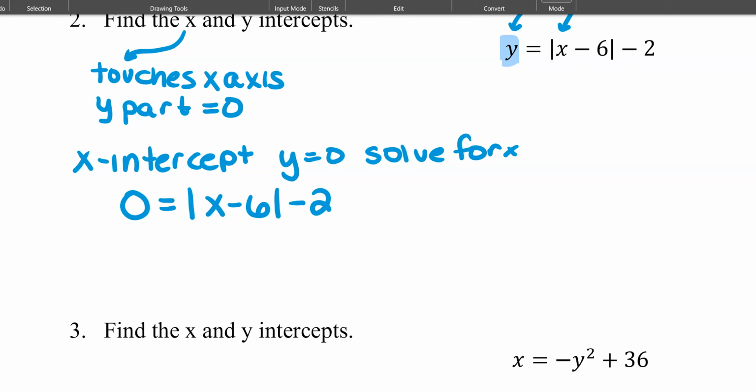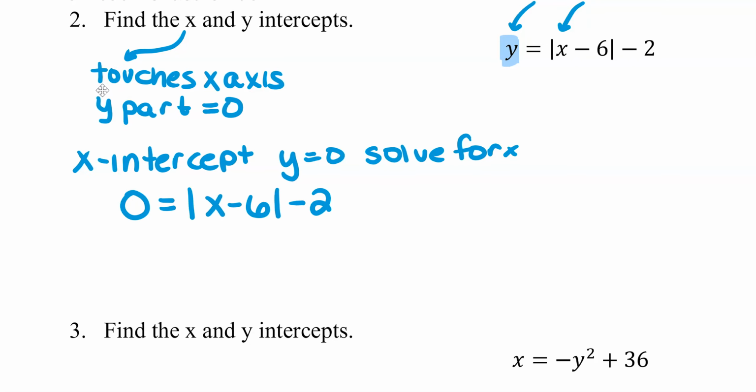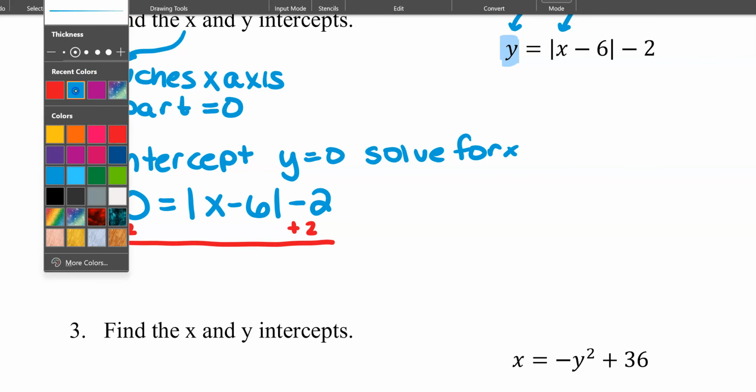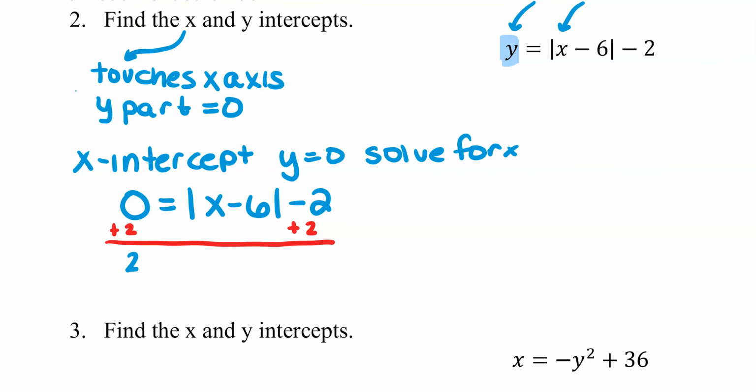So I need to get the bars alone. So I'm going to add 2 to the other side. So I have 2 equals the bars of x minus 6.